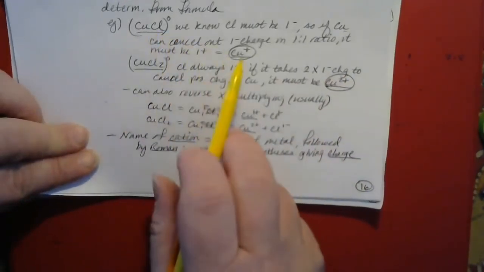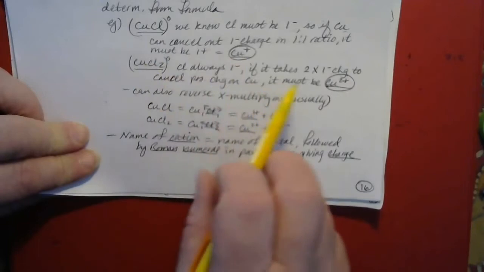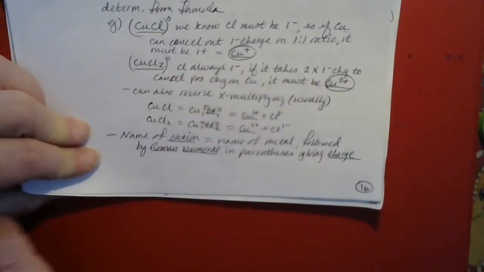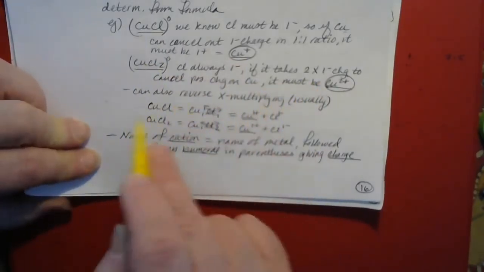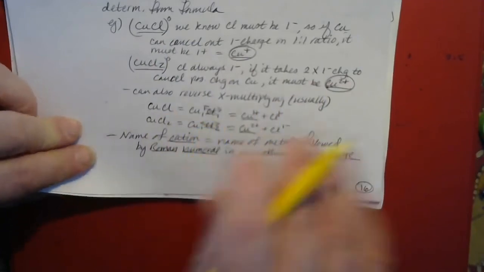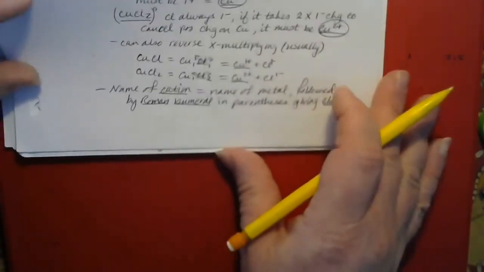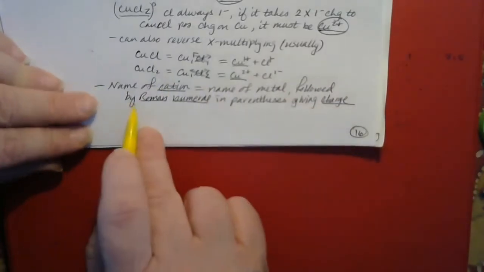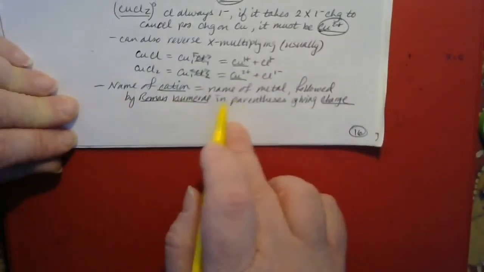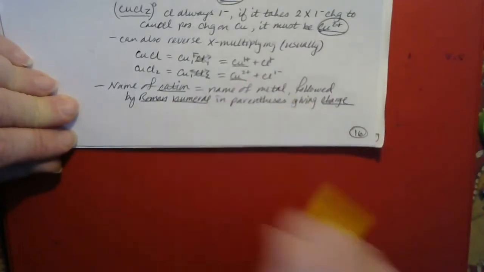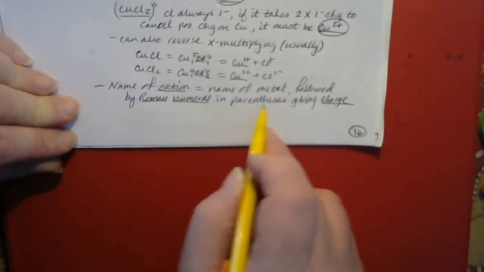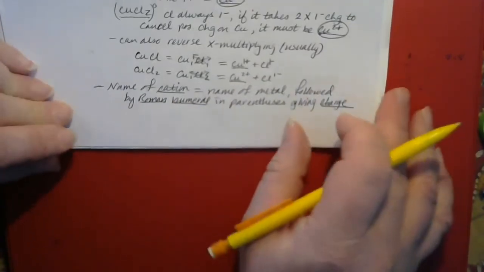So CuCl involves copper +1, CuCl2 involves copper +2. In most ionic compounds, you can also do the reverse of cross multiplying, but that doesn't always work, so I'm gonna skip over that. The name of the cation then would be the name of the metal followed by a Roman numeral in parentheses indicating the charge.